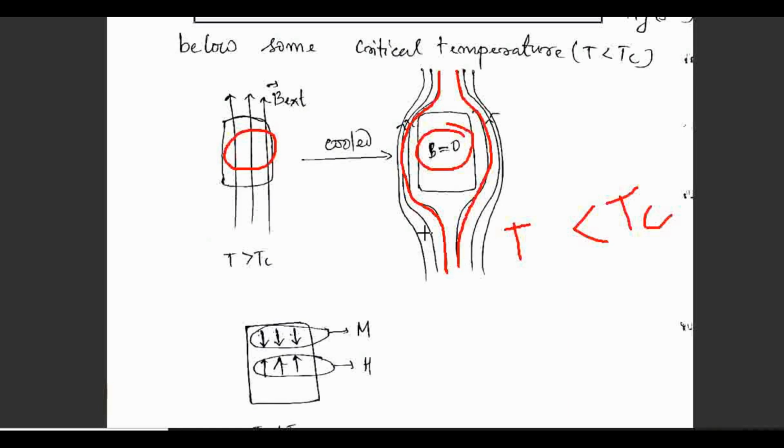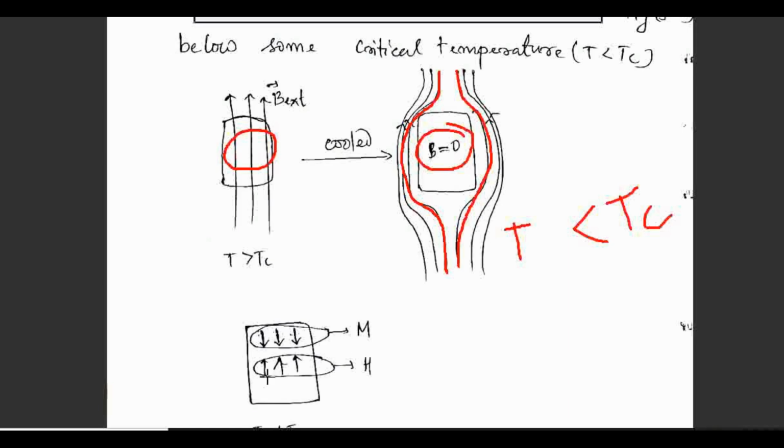Now you see why this magnetic field inside the material becomes 0. Logically, some induced magnetic field has been created inside the material, and it and the external magnetic field both add up to 0. That's why the net magnetic field inside the material becomes 0. I have drawn this downward arrow, which means this is M, the induced magnetic field.